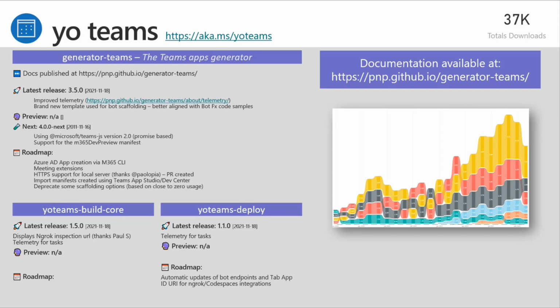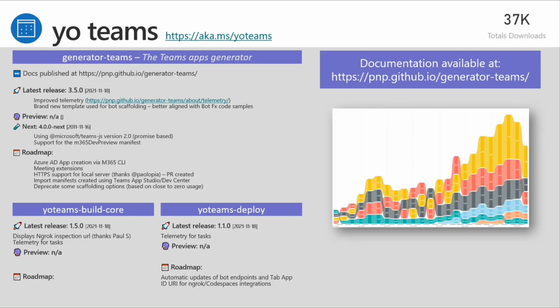But if you want to explore the new Teams.js SDK 2.0, which supports promises instead of callbacks, and also supports the new Microsoft 365 apps where you can host an app in Office.com, in Outlook.com, and also in the Outlook client, then you should use the generator next version. It also supports the new dev preview manifest specifically for that.